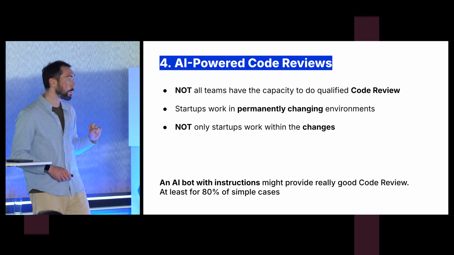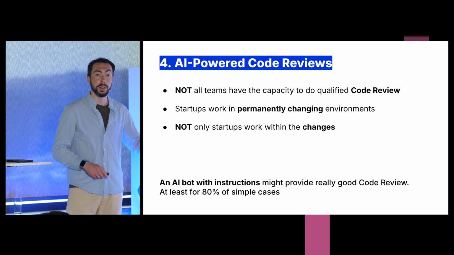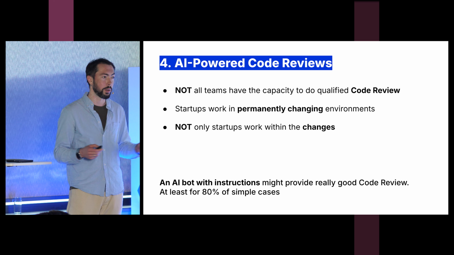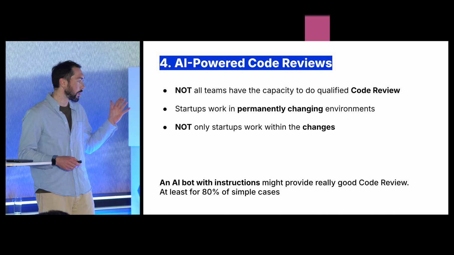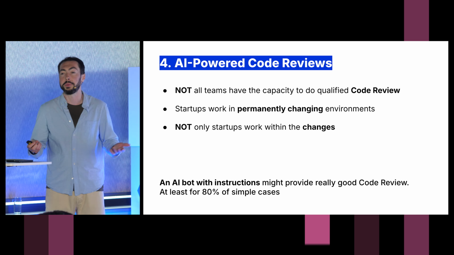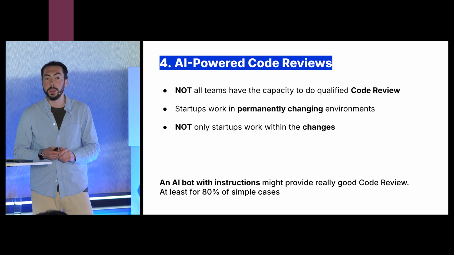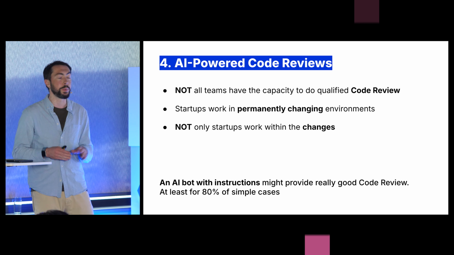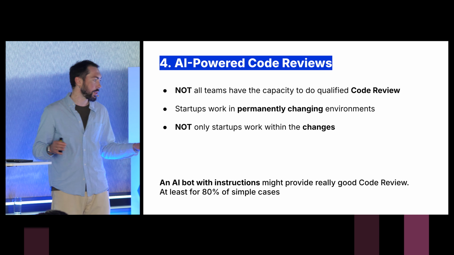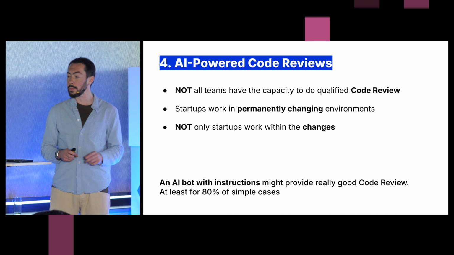And we started to train our own AI bot with one of our projects, and with some instructions that we gave it, it provides pretty good code review, at least for 80% of simple cases.